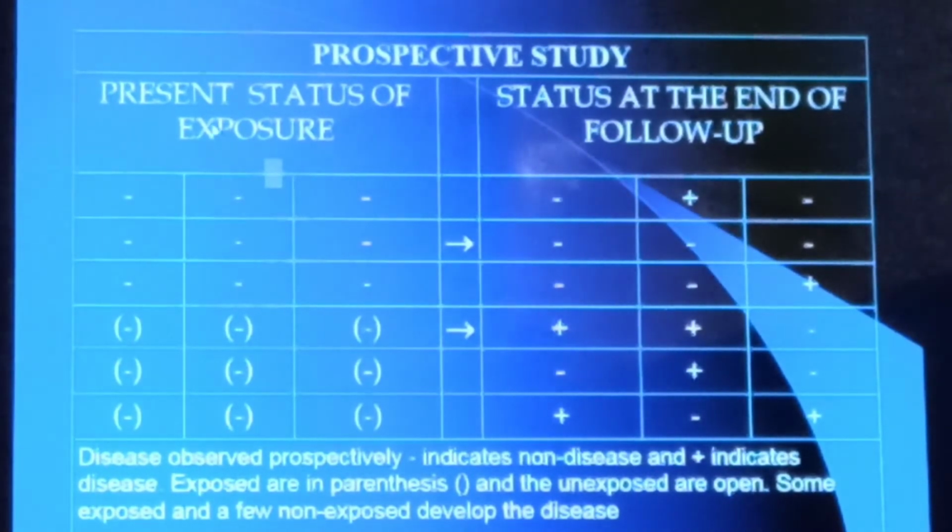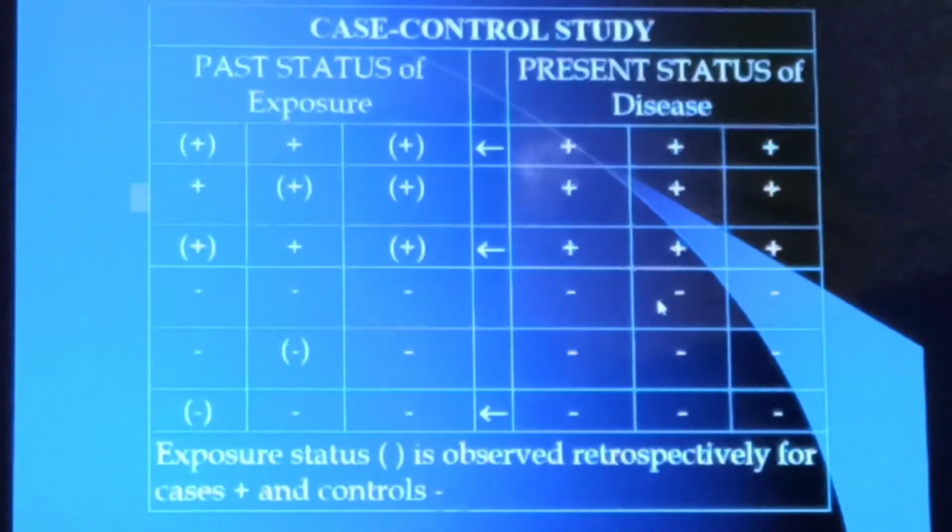This is prospectively studied for the outcome. This is not allocation; this is their status. That is the difference between a trial and a prospective study, though both are prospective in nature. Then we look at who develops disease and who does not.